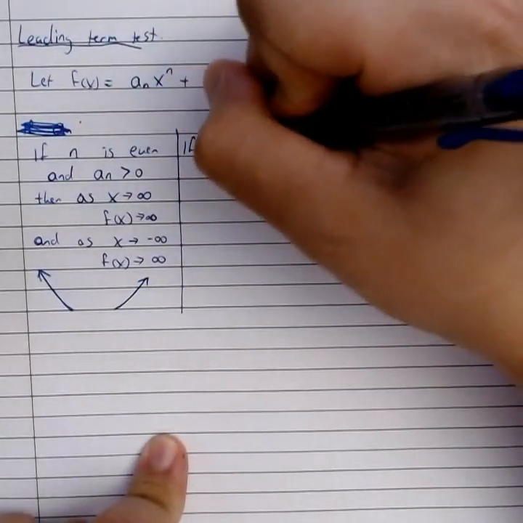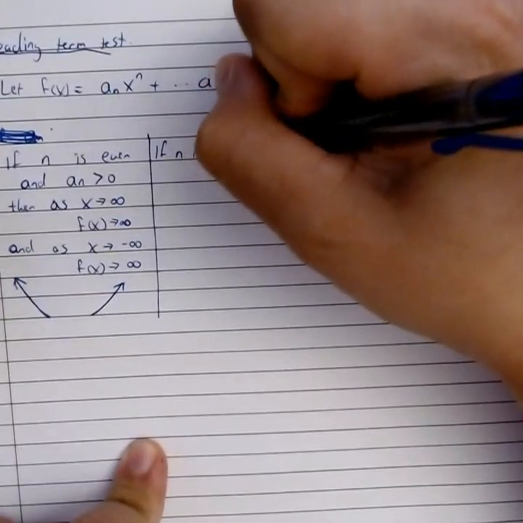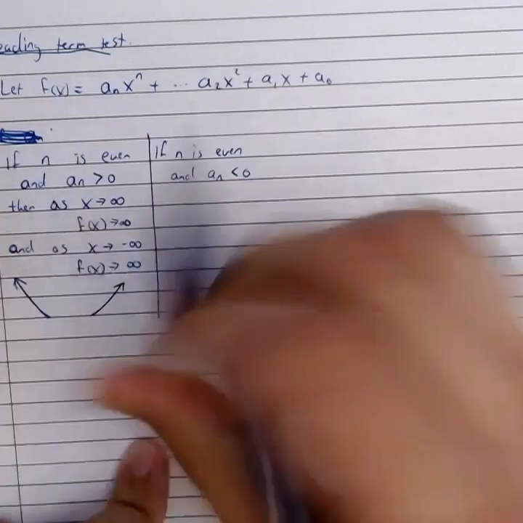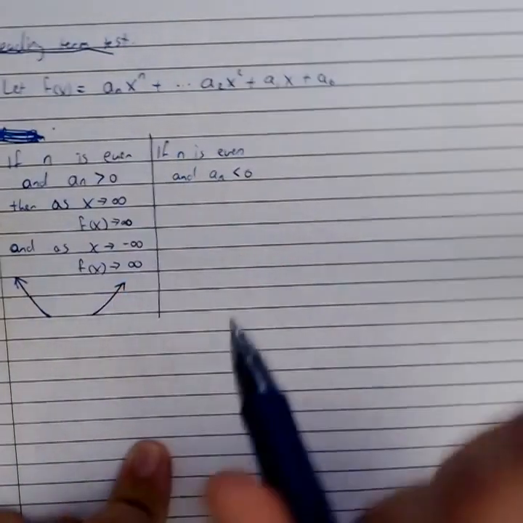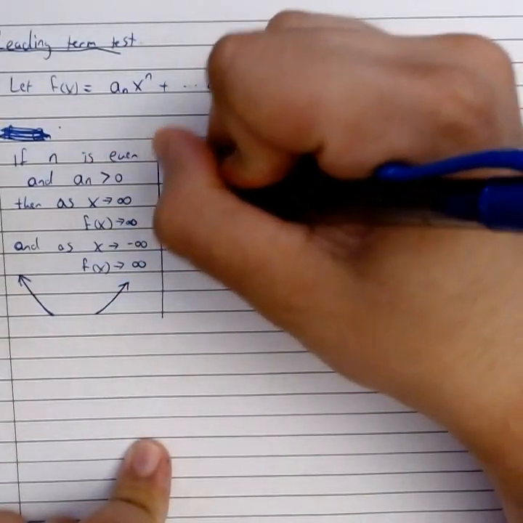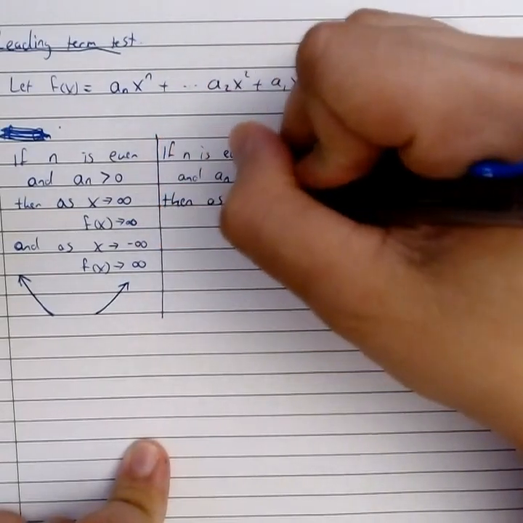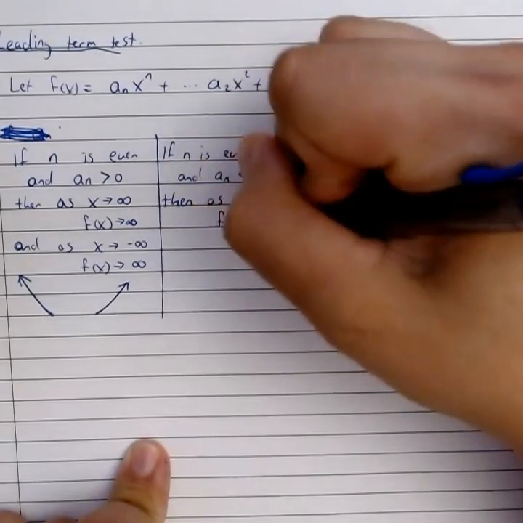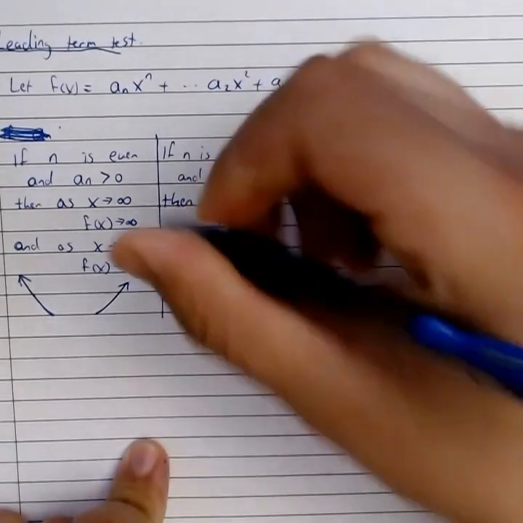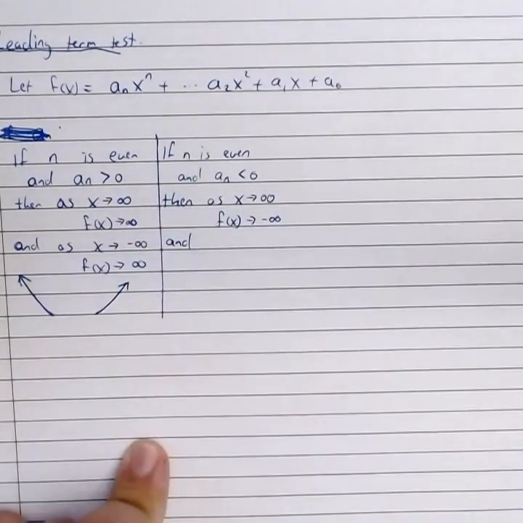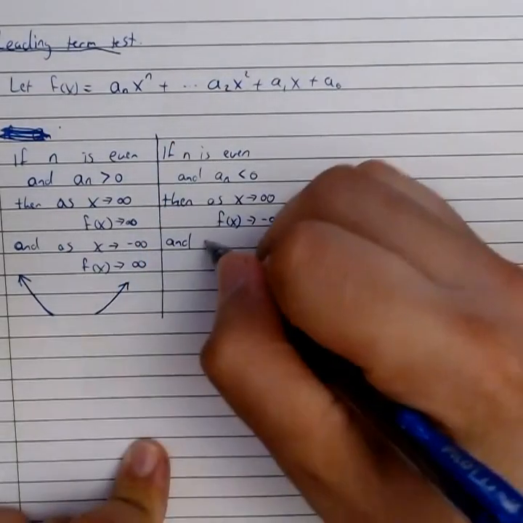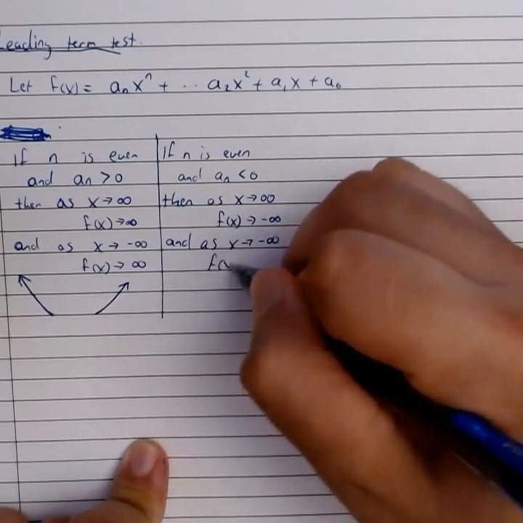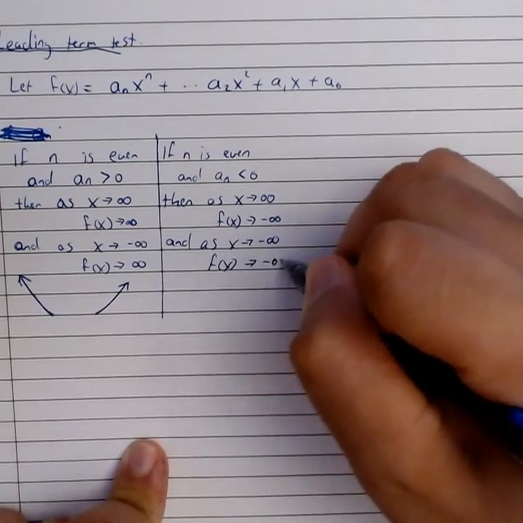If n is even and a sub n is less than 0, so that's an even number, but now this is negative, then as x approaches infinity, f of x will approach negative infinity. And as x approaches negative infinity, f of x will also approach negative infinity.